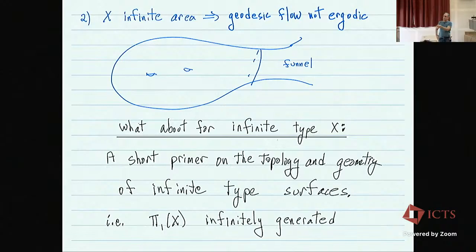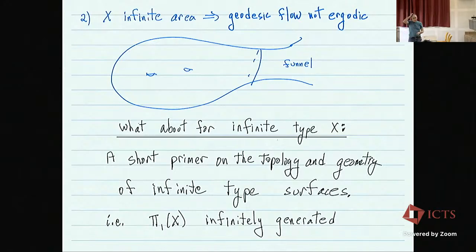So you could write down a subset of the unit tangent bundle, a set of vectors that are kept invariant under the geodesic flow, and they have positive measure. Too many escape routes to, in some sense, have density of the orbit. So that takes care of finite type surfaces, finite topological type surfaces.